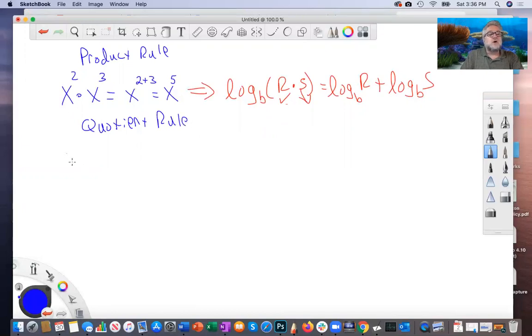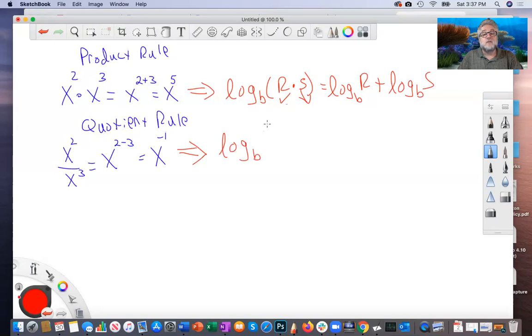And you recall x squared over x cubed. We would write this as x to the minus 1, because we subtract the exponents. We have the similar kind of rule with logarithms, because multiplying is like dividing.